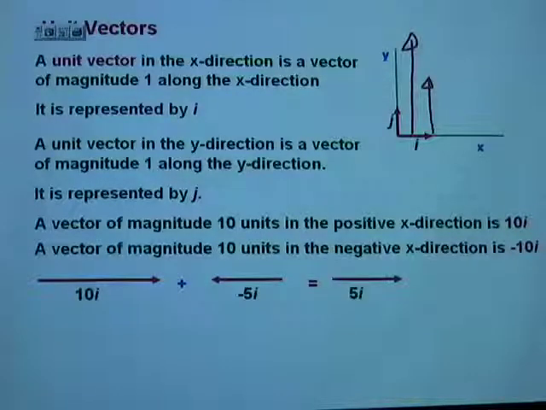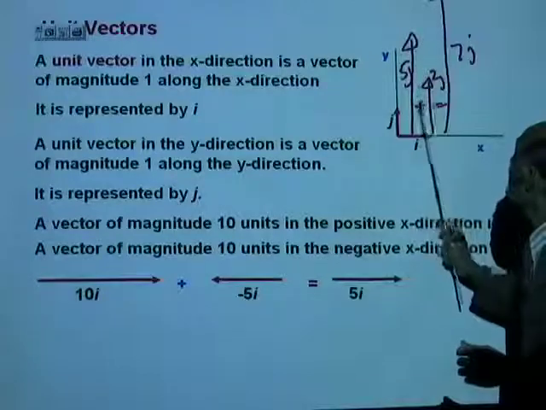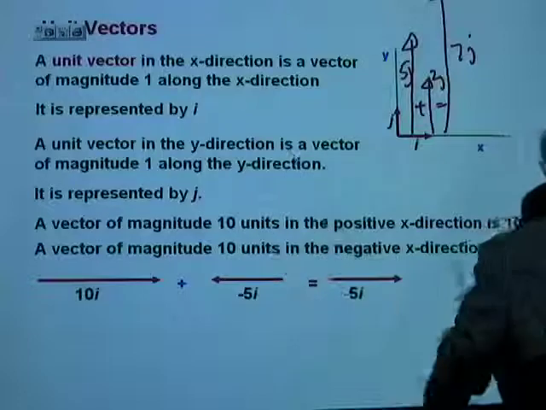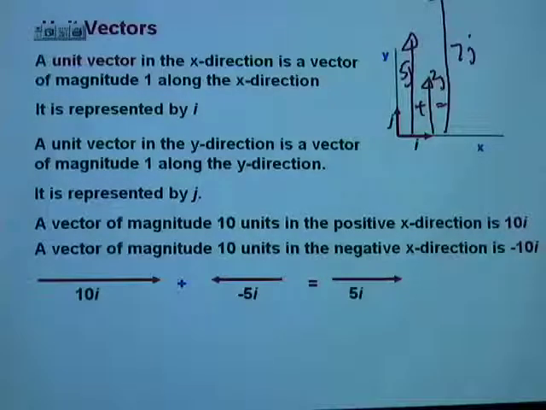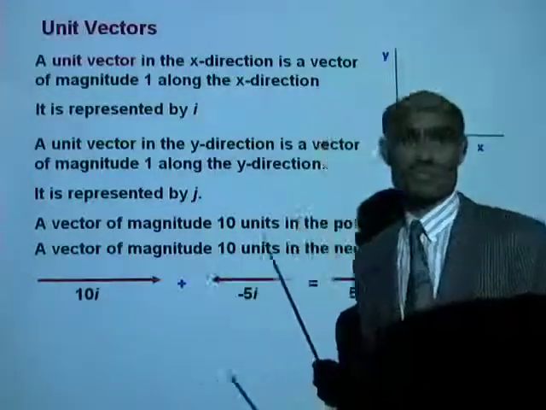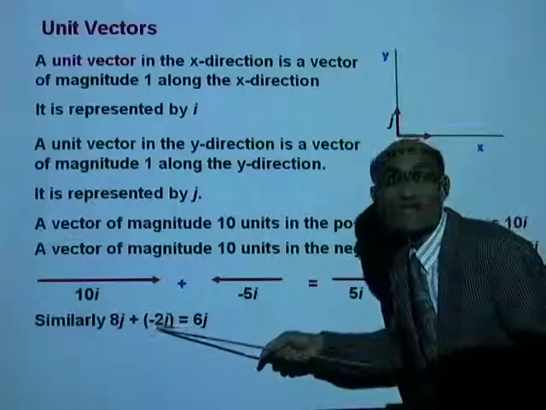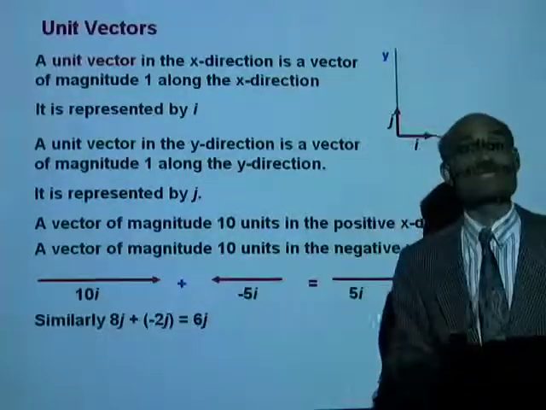If you add these two, you produce a vector of 7j. So 5j plus 2j is 7j. It's easy to add vectors that are in the proper x and y directions. 8j plus negative 2j is 6j.